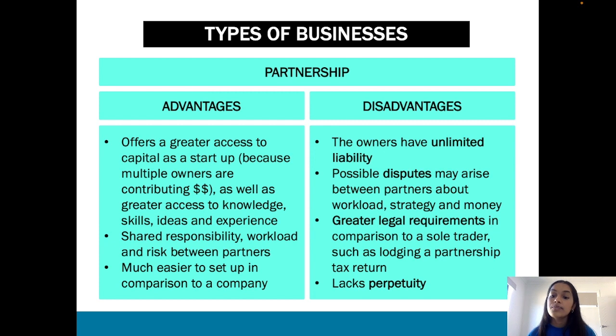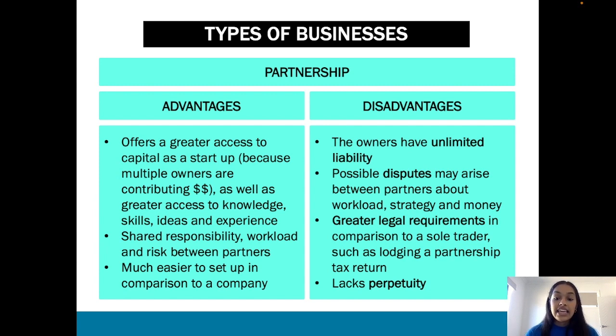There's going to be possible disputes between partners about workload, strategy, and money. So now, since there's more than one owner, all these owners might have different visions for the business, and this might create some tension or conflict within each of the partners, because one partner might think, oh, I want to invest this amount of money to increase our product line, while another partner might say, no, I think we should take the time and invest energy in what we already have and to ensure that it's of better quality or something like that.